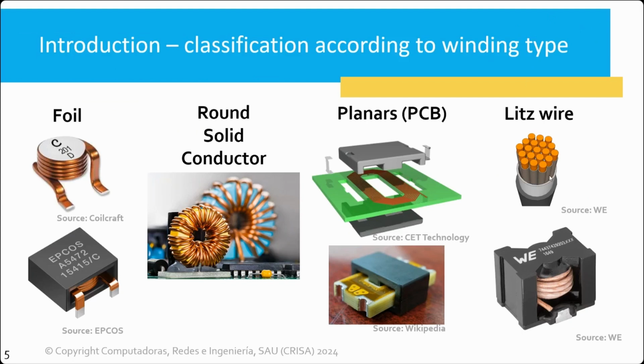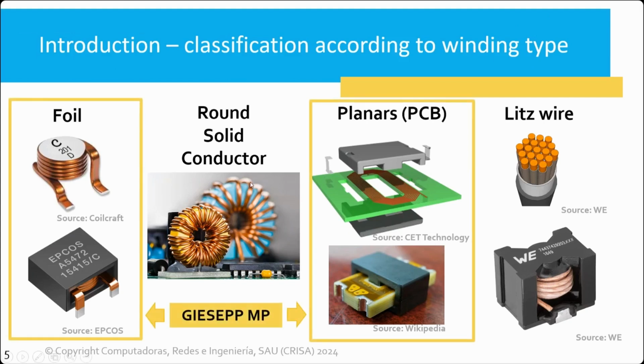Or we can have lead wires, which is basically a bundle of multiple conductors embedded in this cylinder, and they would look like this. In this particular case, for GIESEPP MP, we have used foil and planar magnetics in order to achieve the requested solution.